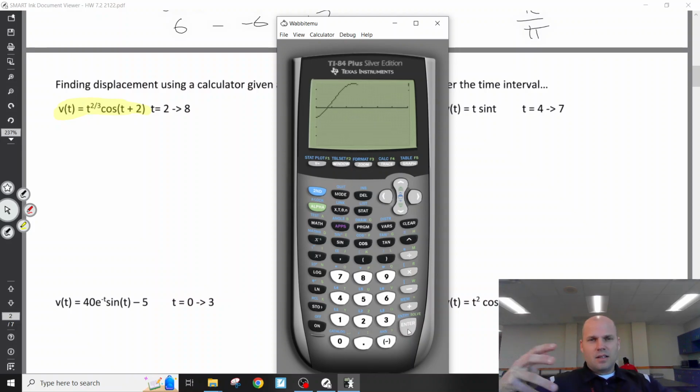Understanding the signs of the velocity, but then combining that with our knowledge of areas to know how much our original function x, which we don't know because this derivative is so complex, is changing.